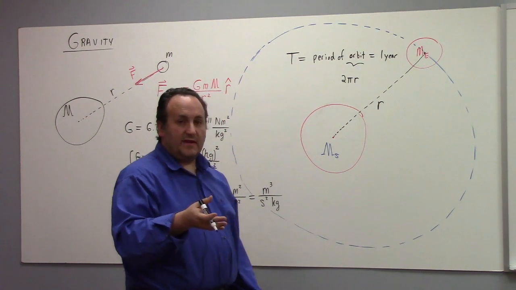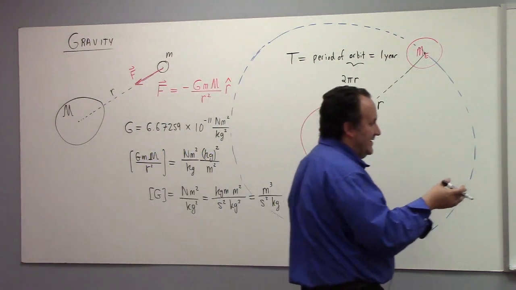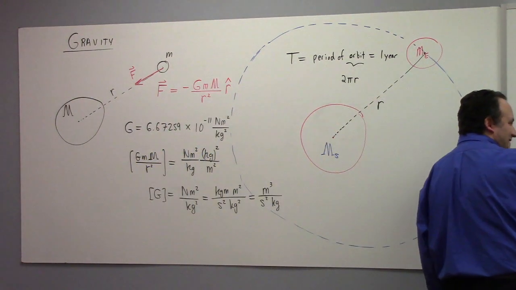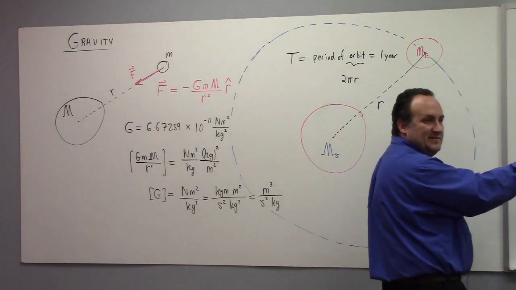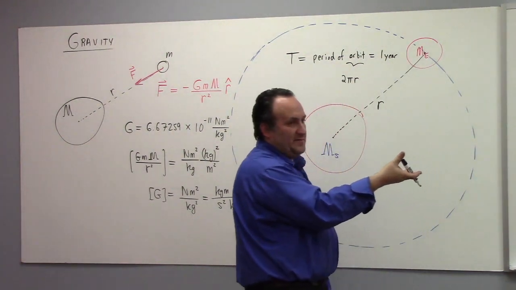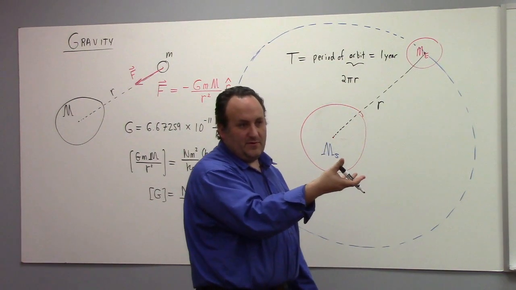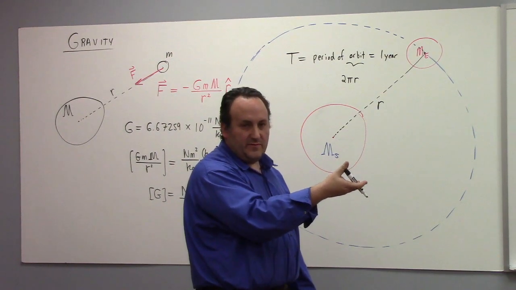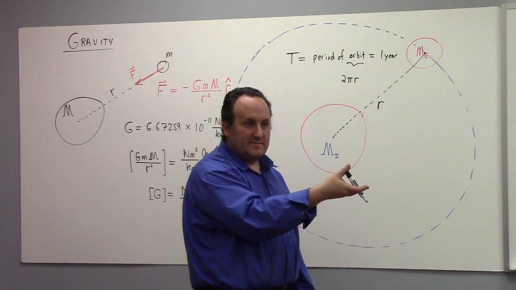What's really interesting about this is that this constant is independent of the Earth. So if we can derive this for the Earth, we could just as well do it for Mars.